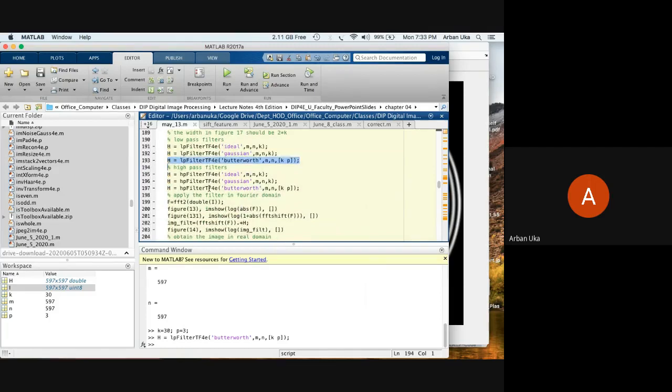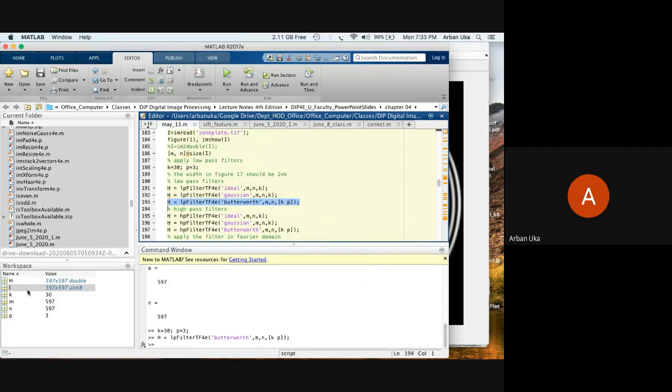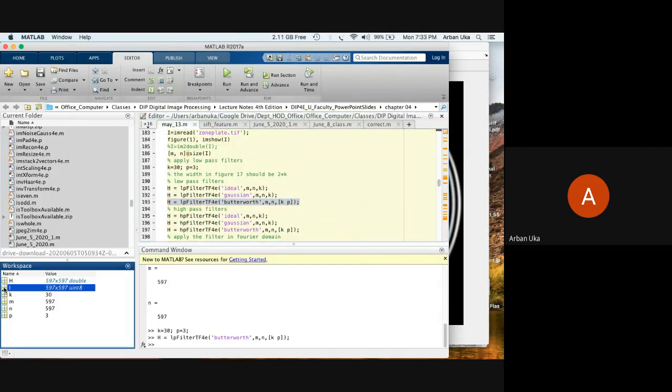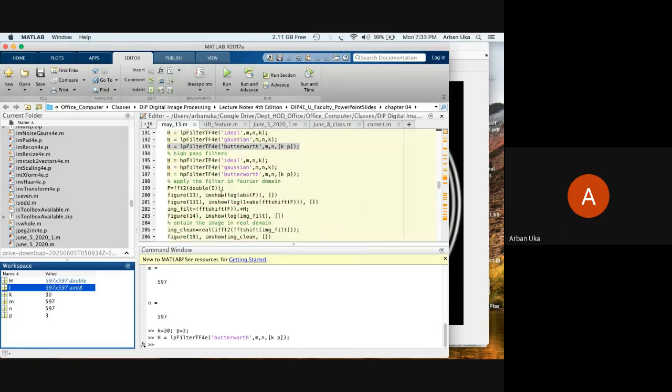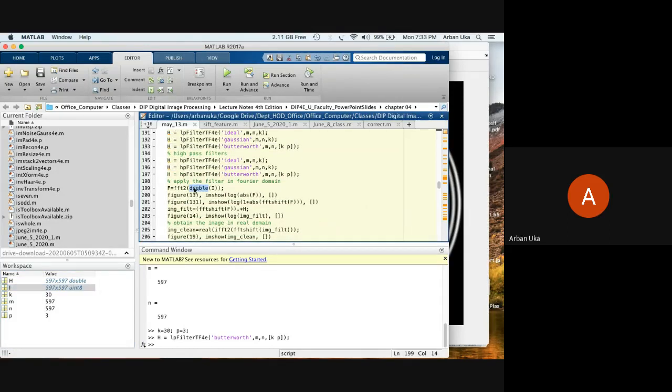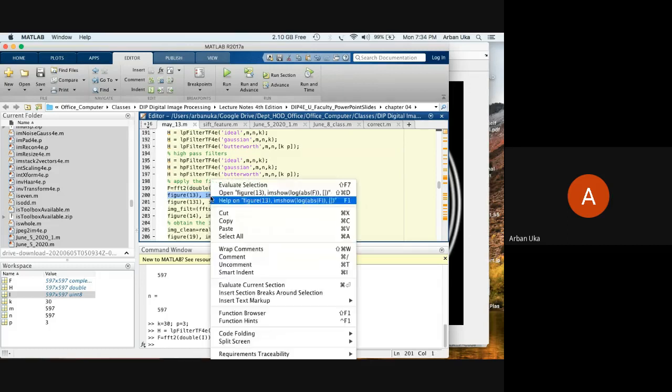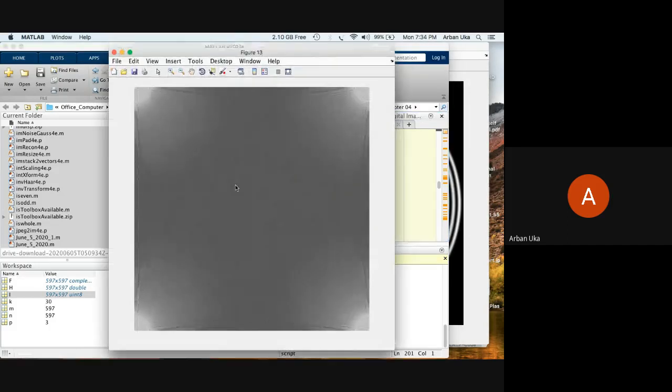So this was the filter in the frequency domain. Now let's not forget what I is. I is an unsigned integer variable. This unsigned integer, we convert into double, and then we apply the fast Fourier transform, and we get a variable capital F. And if you want to see what this capital F looks like, this is what we observe.